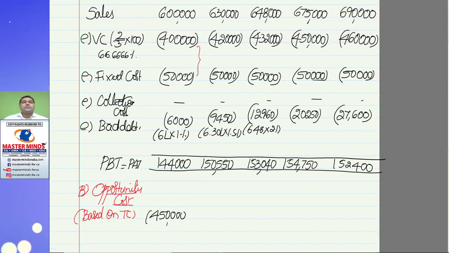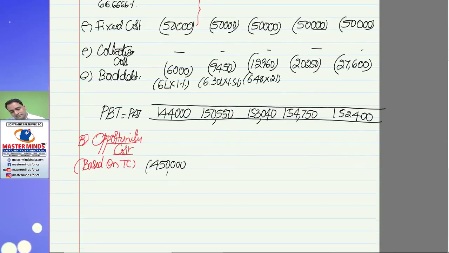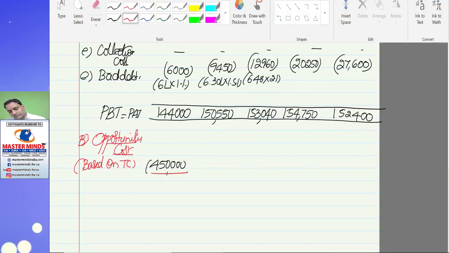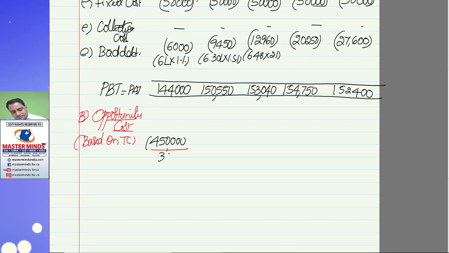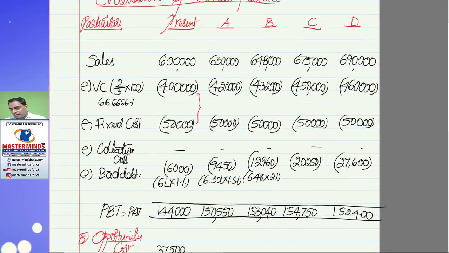I told you, if I don't have any information, investment data is always calculated at total cost. 4,50,000 divided by 360 into 30 is 37,500. Then 4,20,000 plus fixed cost 50,000, that is 4,70,000 divided by 360 into 40.